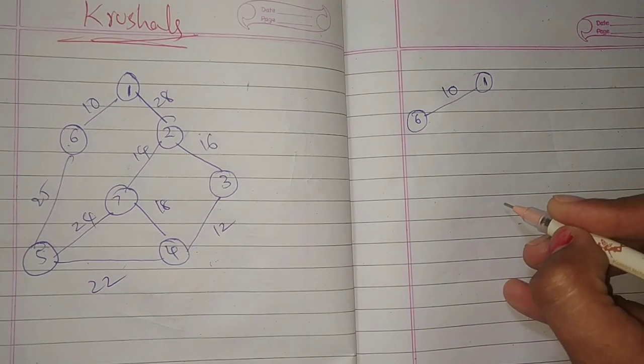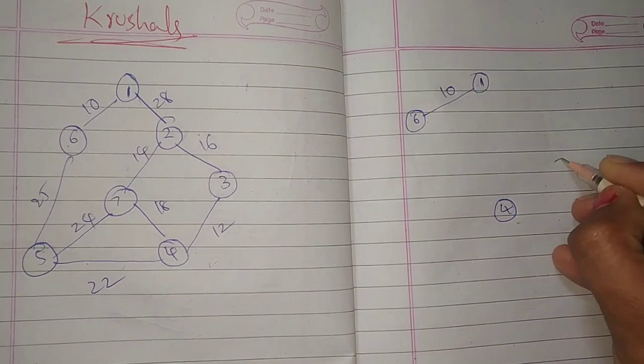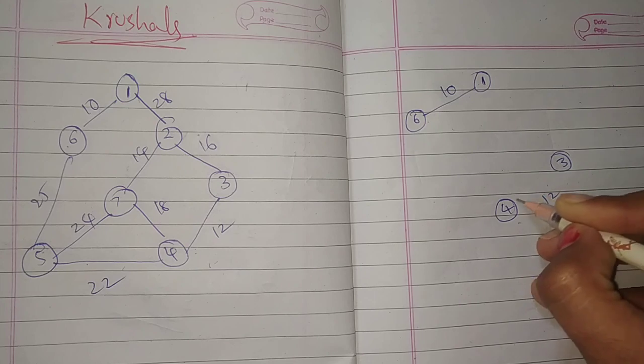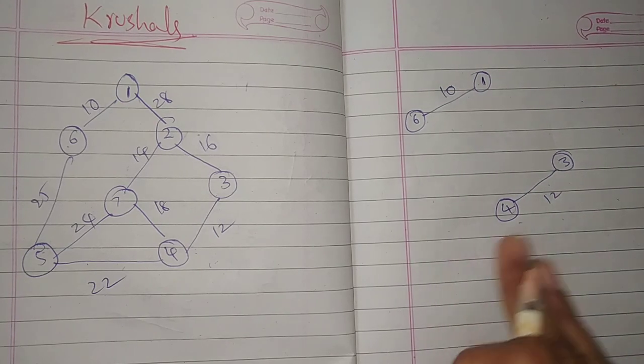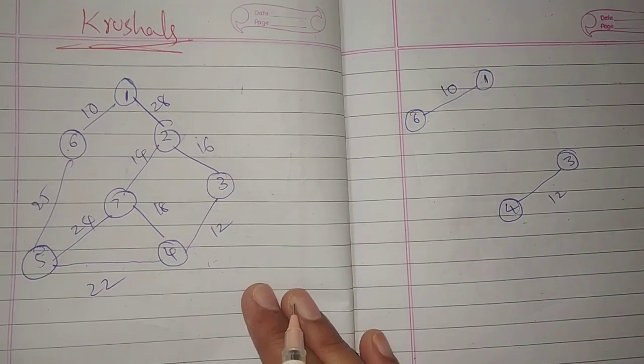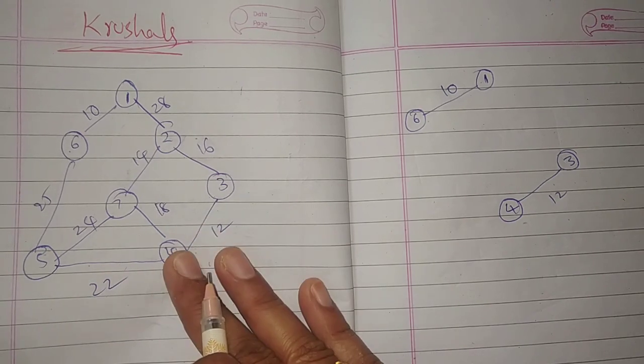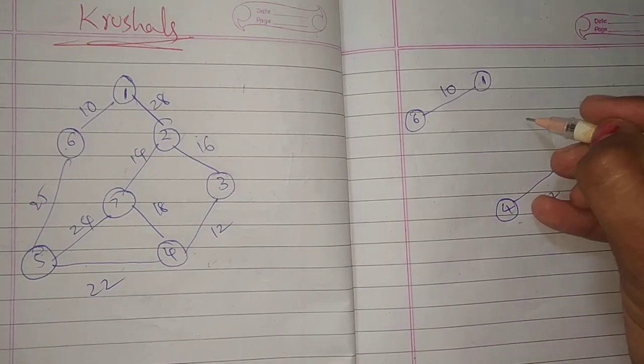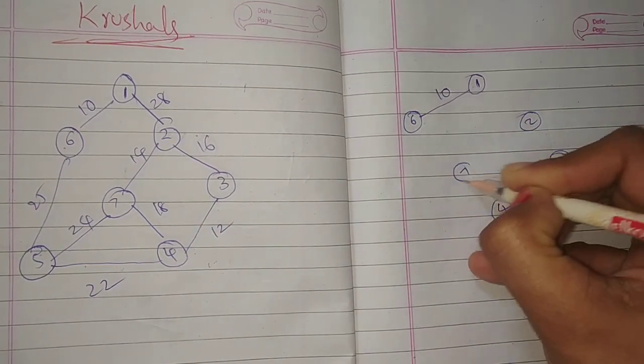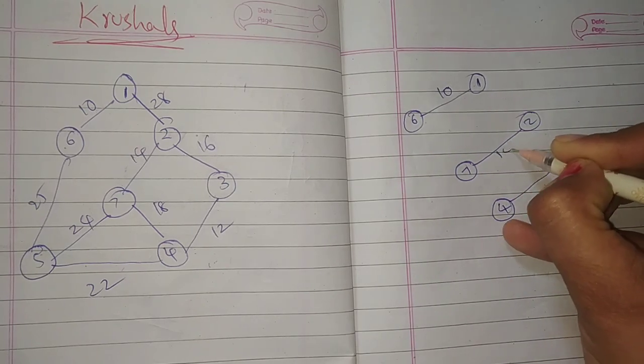So take that one, 4, 3, 12. Next, which is again minimum in this graph, which is 14. So 2, 7, that is 14.